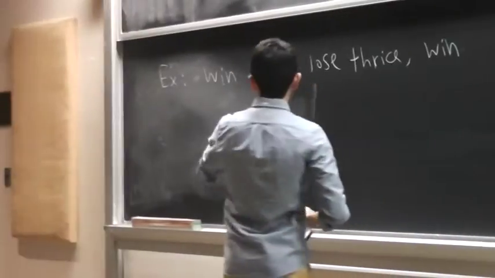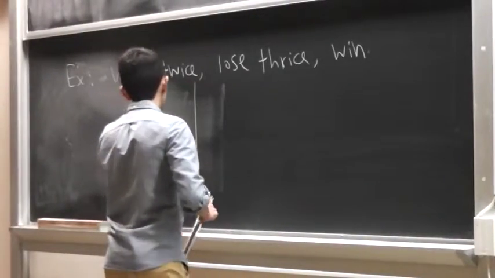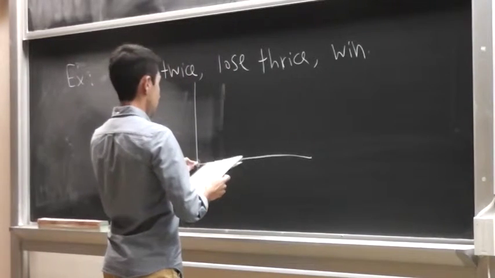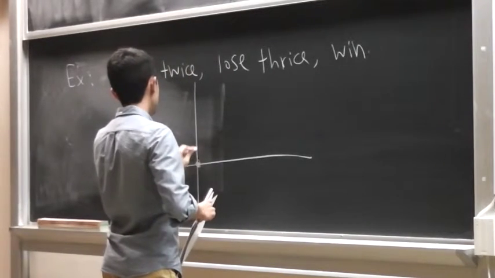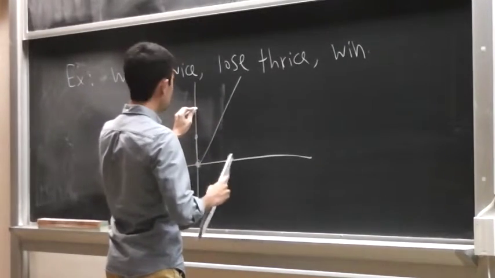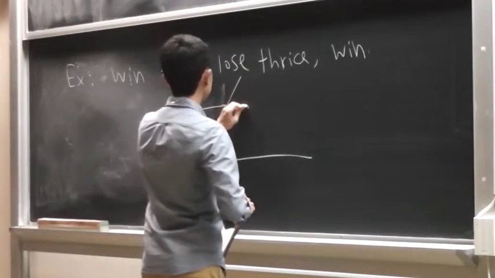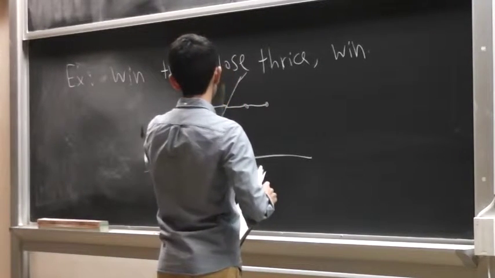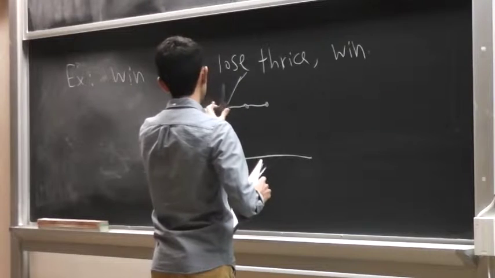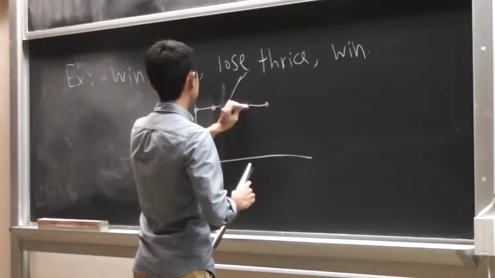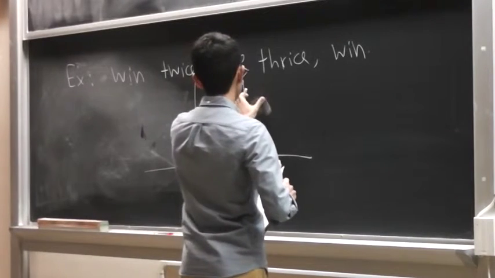So you can interpret this as a walk in 2 dimensions. We start at the origin, and winning is like up. So here we win, and we win, and then we lose, and we lose, and we lose, and then we win one more time. So I guess I didn't draw that right. So we lose and lose. Okay, that's better.